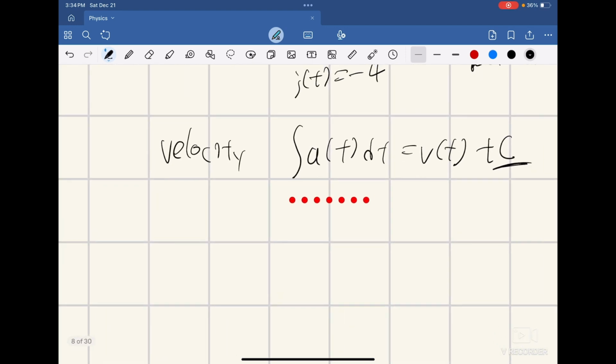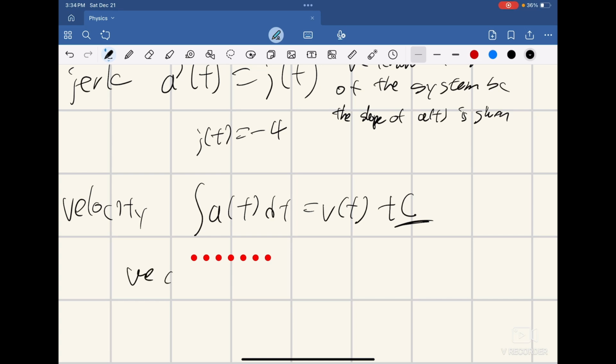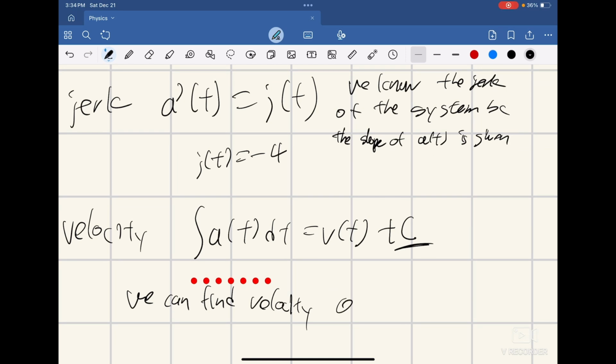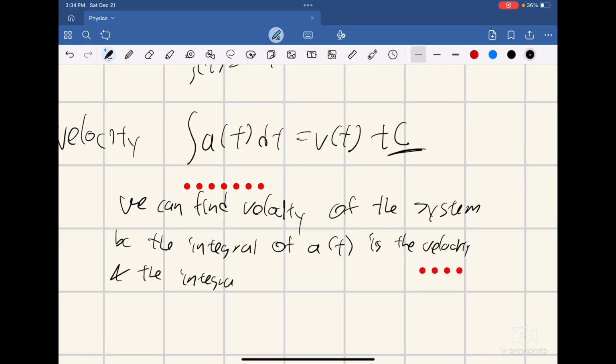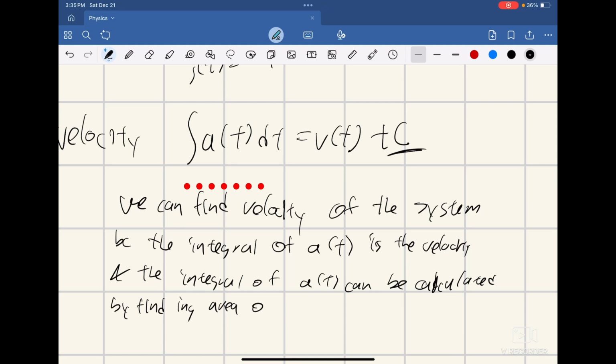So the other thing we can find is velocity, because the integral of A(t) is the velocity, and the integral of A(t) can be calculated by finding the area under the curve of the graph of A(t).